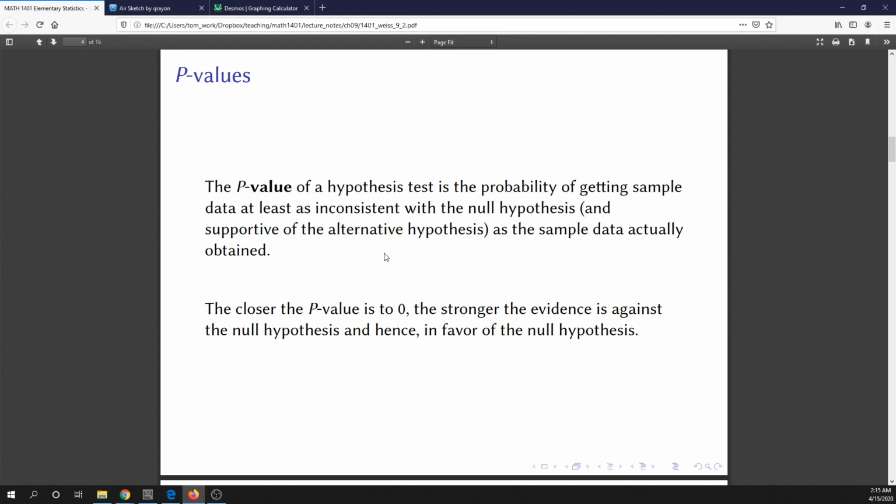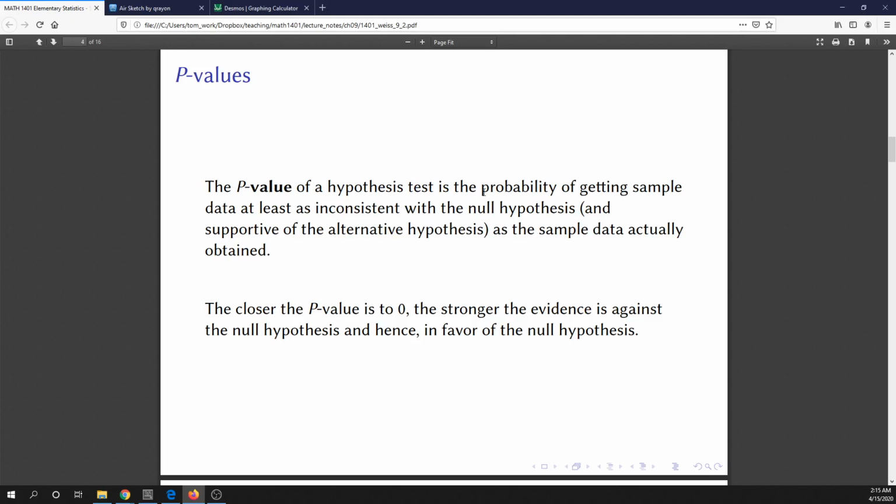So the p-value of a hypothesis test is the probability of getting sample data at least as inconsistent with the null hypothesis, and therefore supportive of the alternative hypothesis, as the sample data that you actually obtained. So that's a mouthful right there. What is that saying? Well, first off, the p-value is going to be a number.